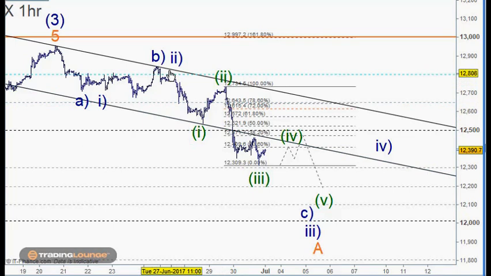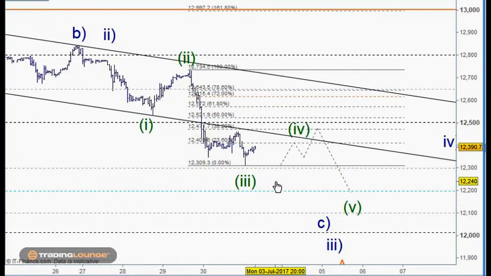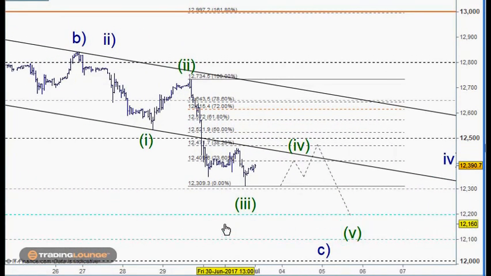We could expect wave 1 and wave 5 to be roughly the same length. So it brings us into this wave 4, which, as you know, can pull back to the wave 4 of 1 lesser degree, or 38.2%. 12,471.72 would be the technical target for that.